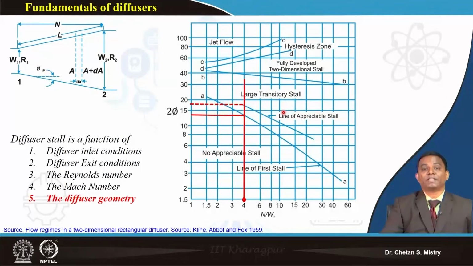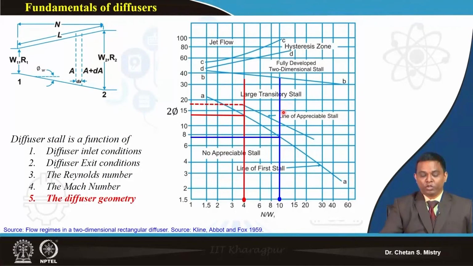So when we are designing our passage, it should not be without understanding, and this is one of the best examples. Let's say, suppose I go slightly to the higher side. I say I will have my N by W1 as, say, 10. Okay, I'll be making my diffuser a short diffuser in that sense, with larger diameter. So in that case, your 2 phi or your divergence angle will come out different.